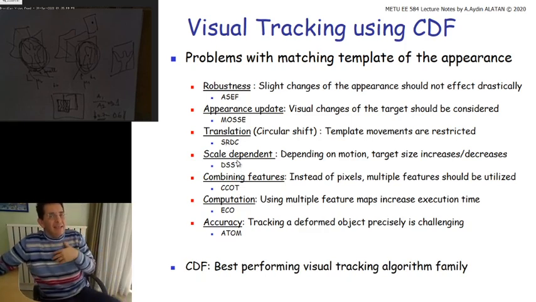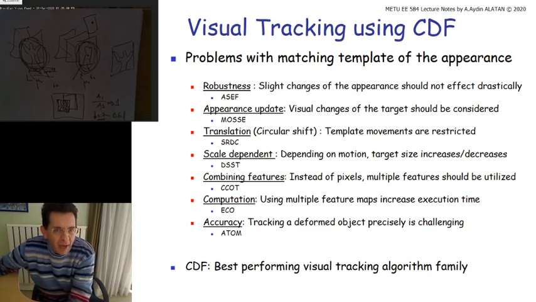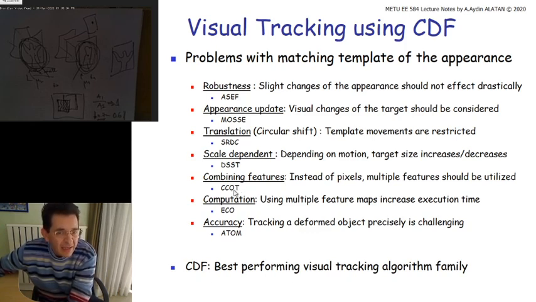We need some scale independent results. Scale independency is obtained through DSST. DSST just in a way naively looks for different scales, but it combined the result in different scales. CCOT is for deep networks combining different features in the continuous domain.